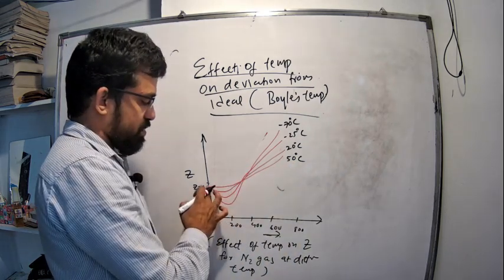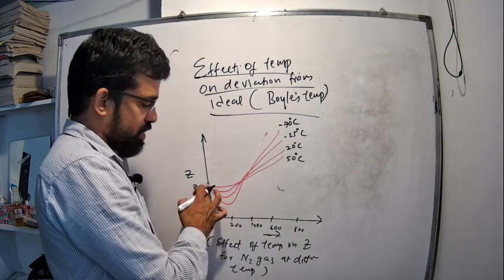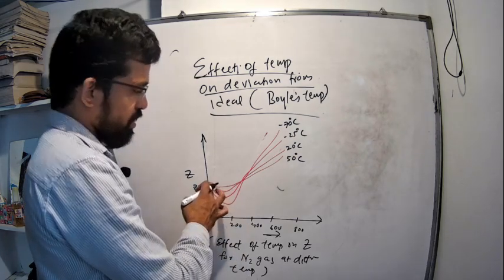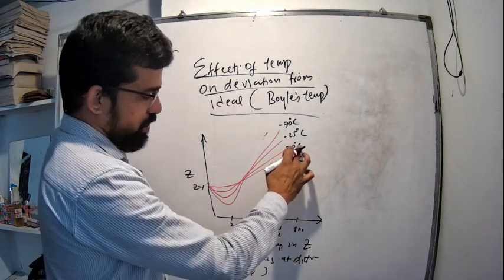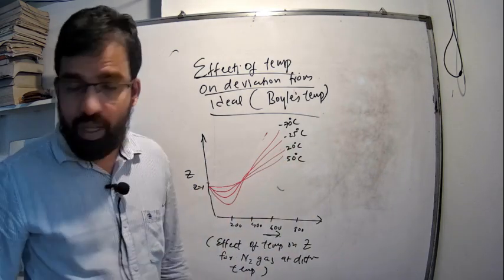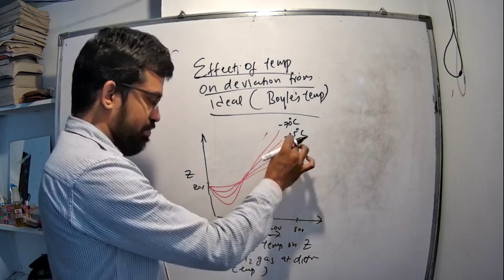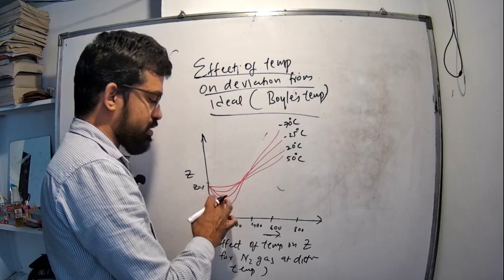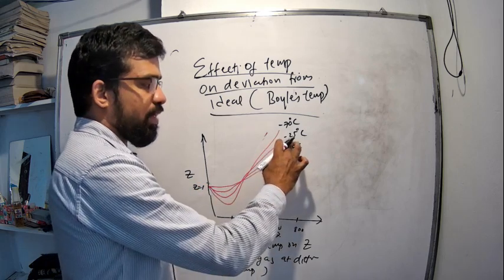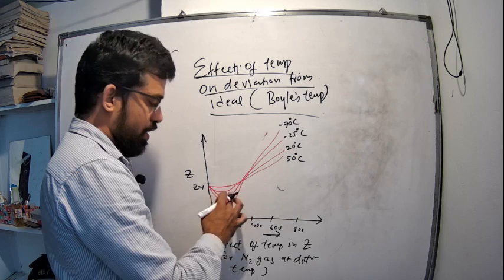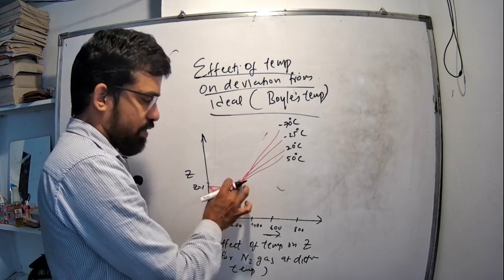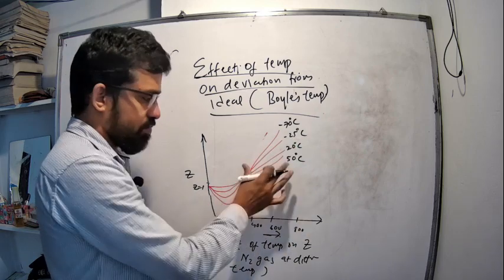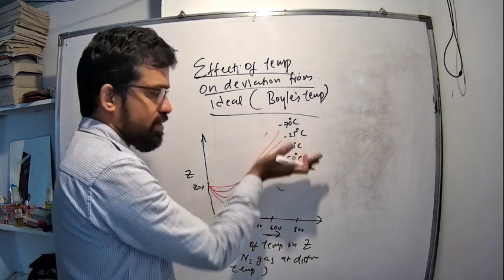When the temperature goes on decreasing, at 20 degree, Z is less than 1 at lower pressure. At minus 25 degree, initially Z is less than 1 and later Z is greater than 1. In the region above, Z is greater than 1.